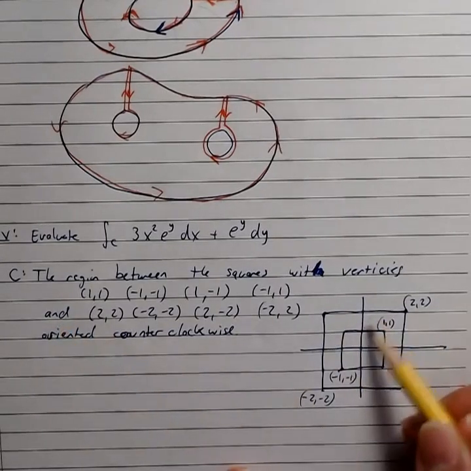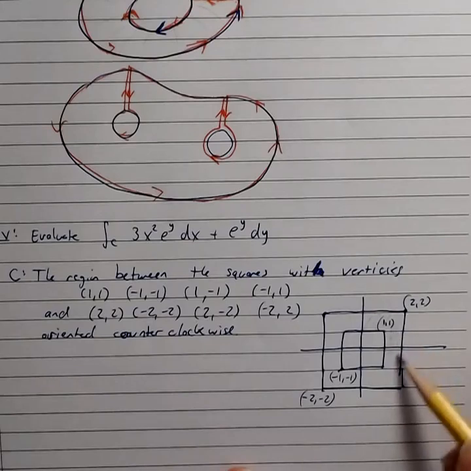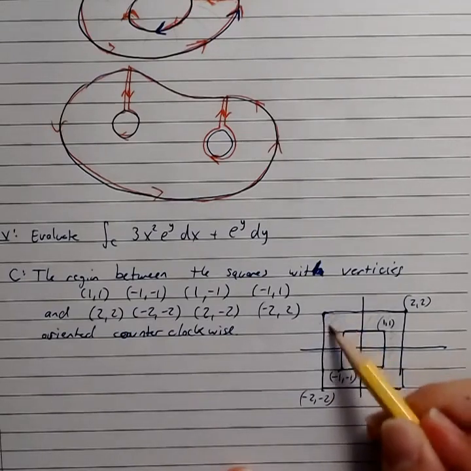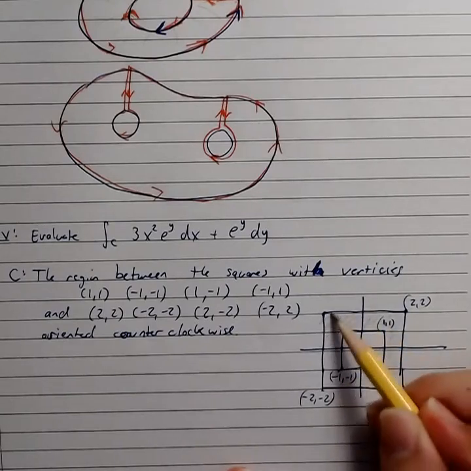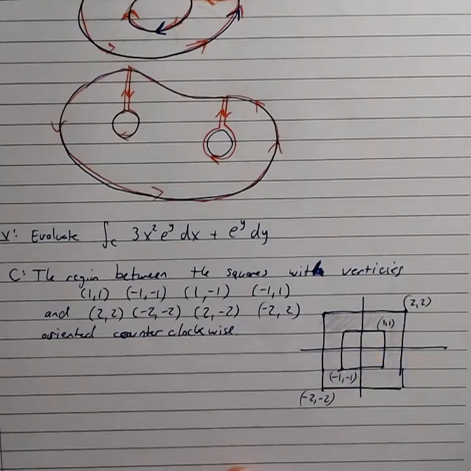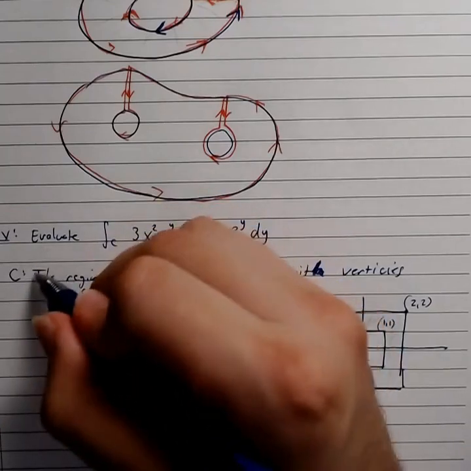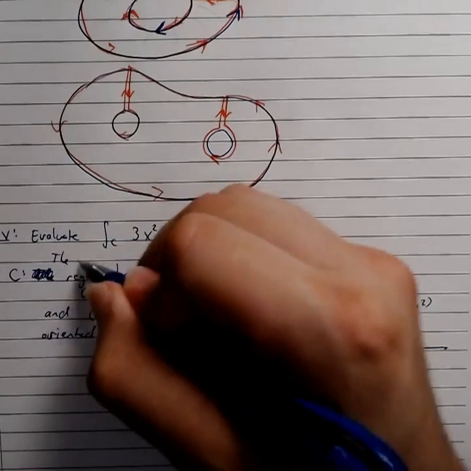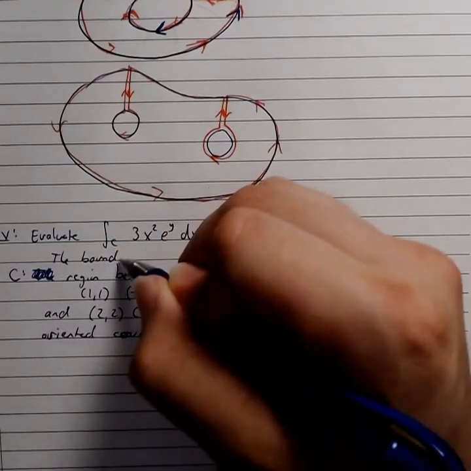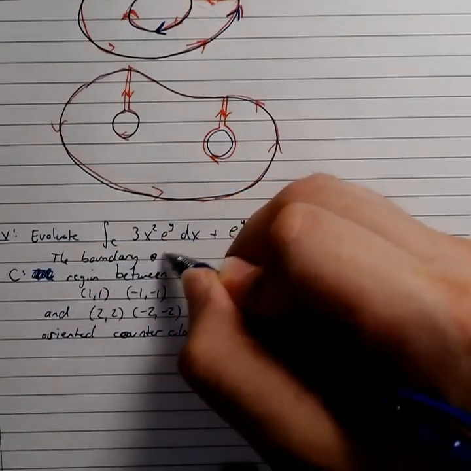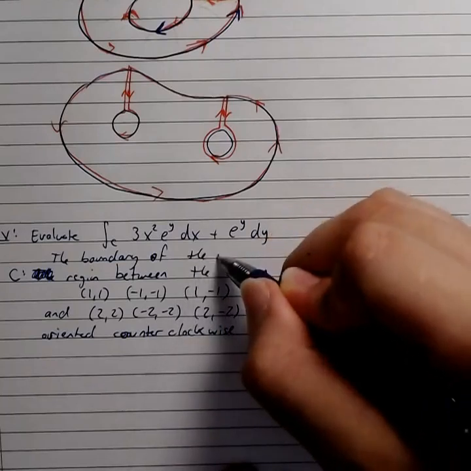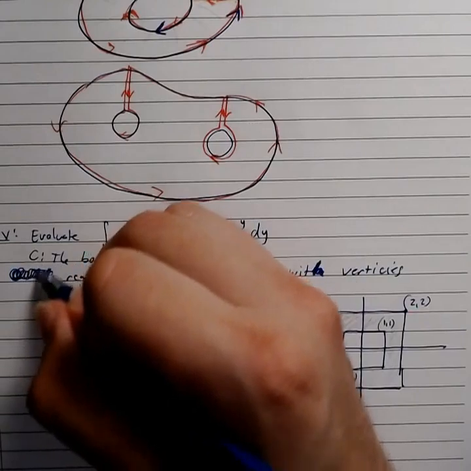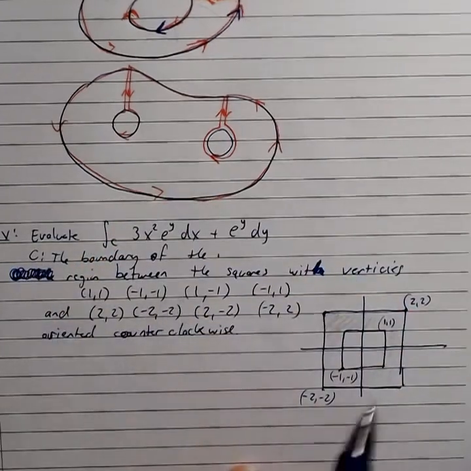And the region that we care about is the boundary as it applies to this region here. The region between that would be the boundary of the region. Right? C wouldn't be the region, it would be the boundary of this region.